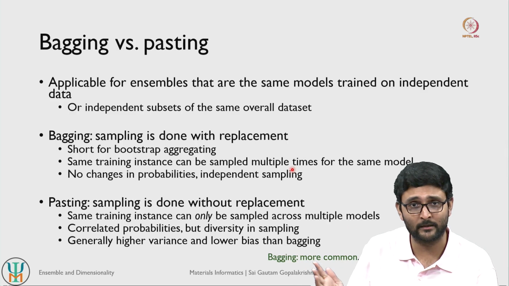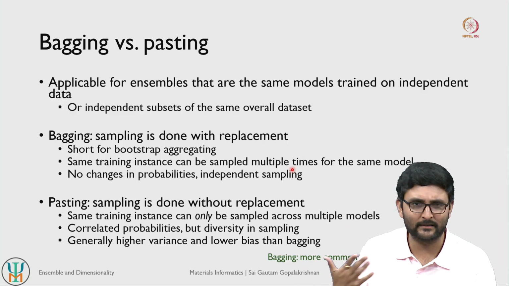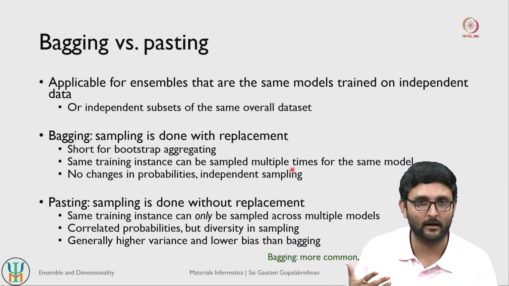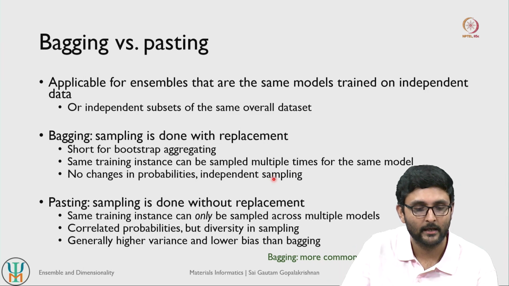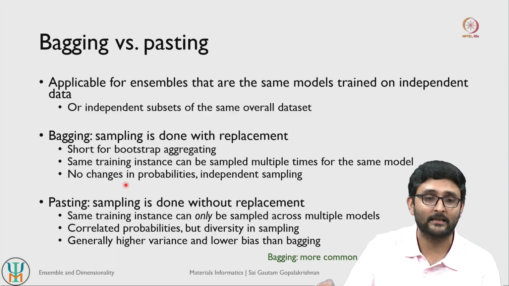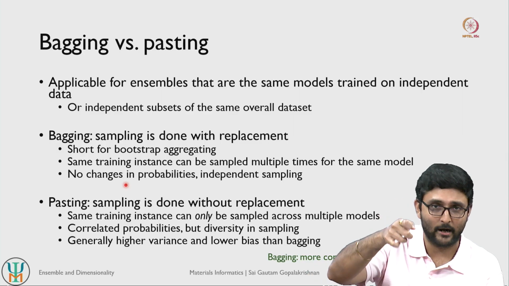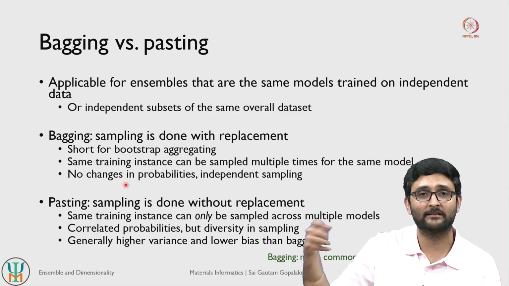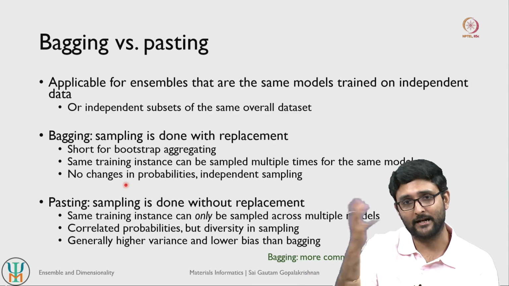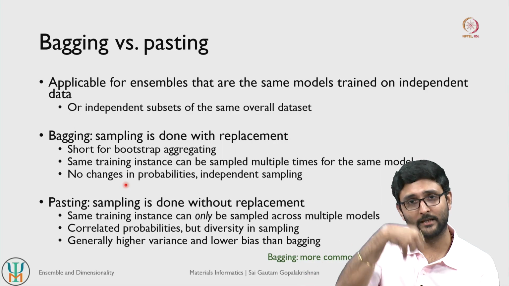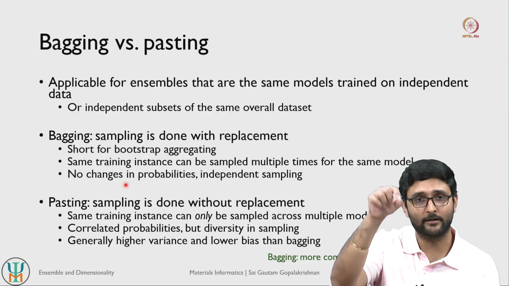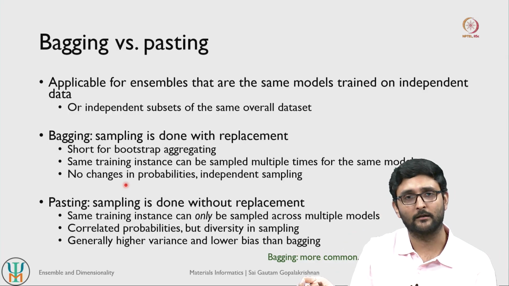This is possible, and sometimes it does not really hurt the model or the ensemble itself. But the key thing to note is, since we do replacement, the probability of sampling one data point is always a constant. Let us say you have 100 data points, you sample one data point, you then replace it, the probability that you sample that data point again is 1 over 100, right.